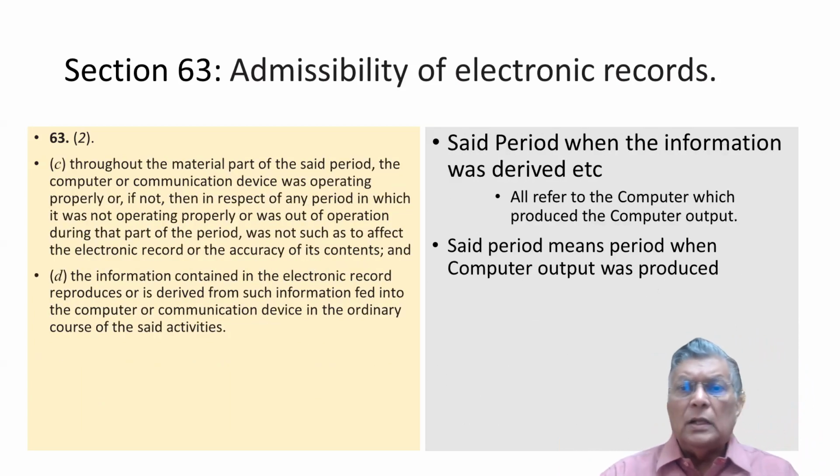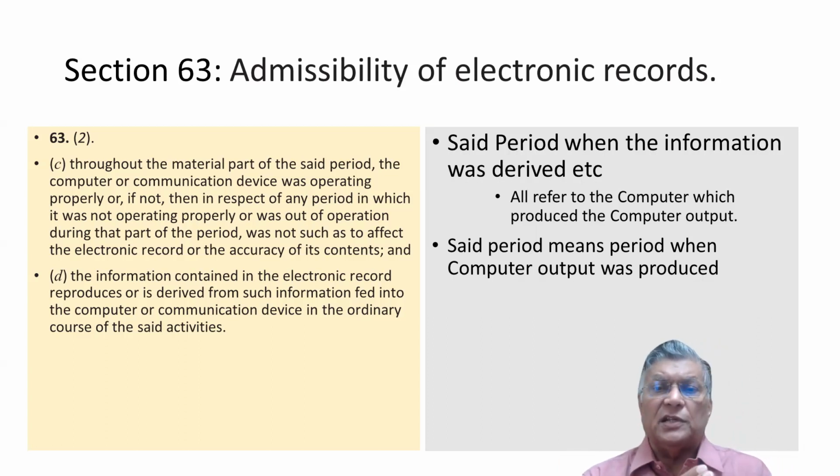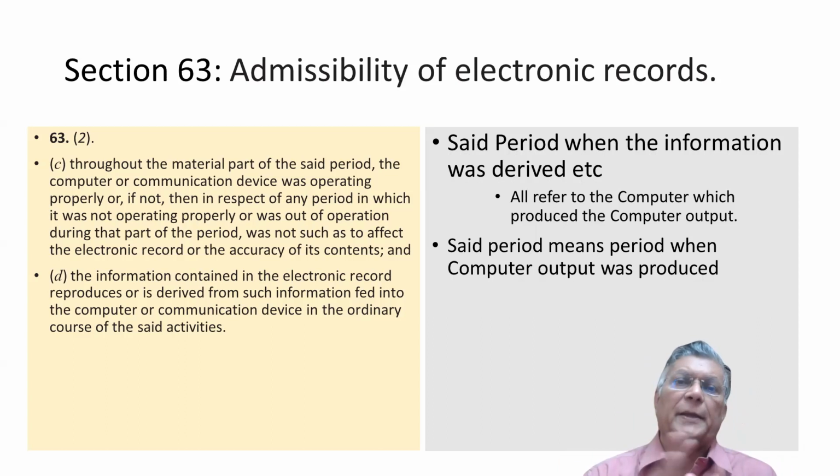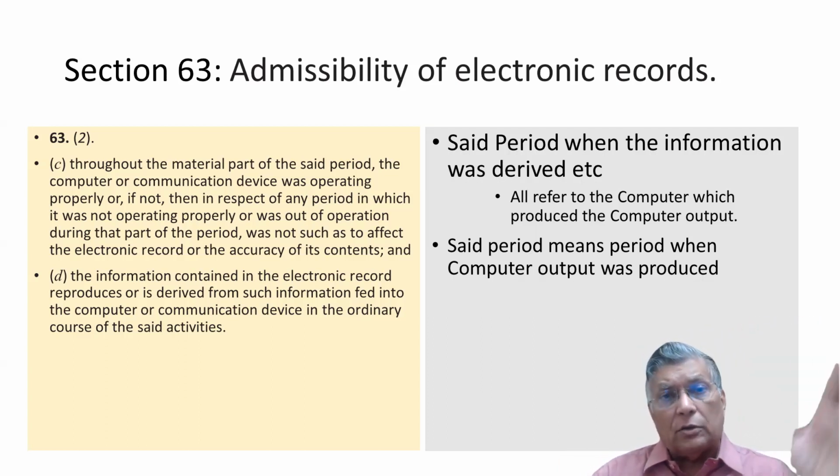Now, unless we appreciate that section 63 subsection 1 defines the scope of this entire section 63, we will not be able to interpret section 63(2) etc. properly. Many of us think that this computer output we are referring to is the primary document.